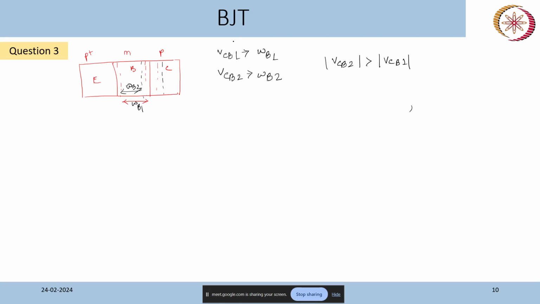It can be anything based on whether it is a PNP or NPN transistor. If the magnitude of the reverse bias voltage is more, then the depletion width will be more and WB will be less, that is, the effective base width will be less. And VEB is constant as mentioned.